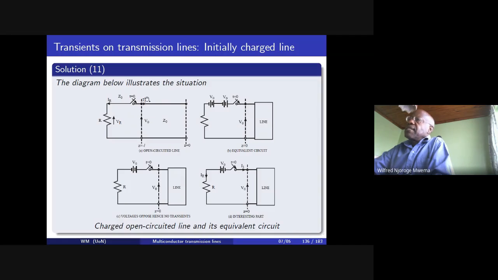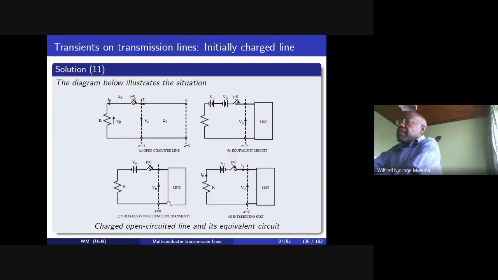So we can connect two voltages that are opposing, so that we still get a zero voltage on the line, and then we connect it to this line, which is initially uncharged. It doesn't have any charge.